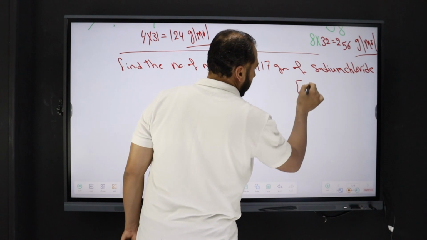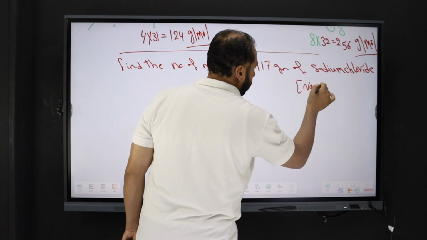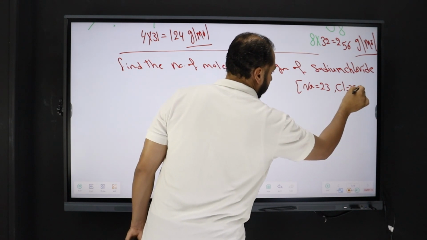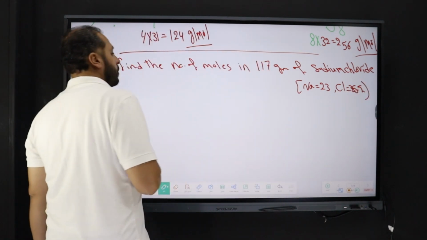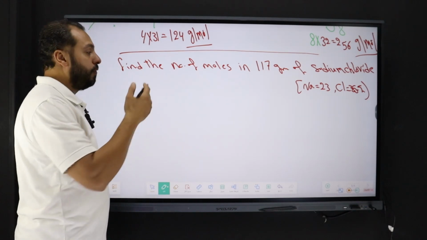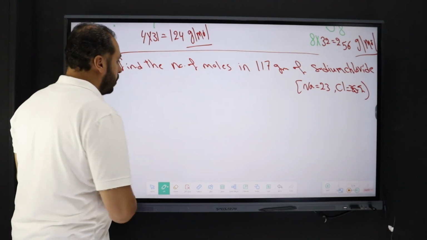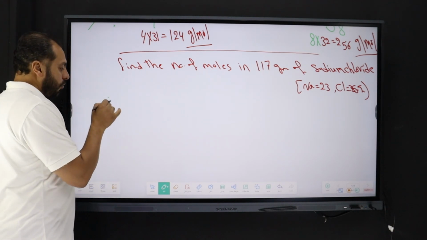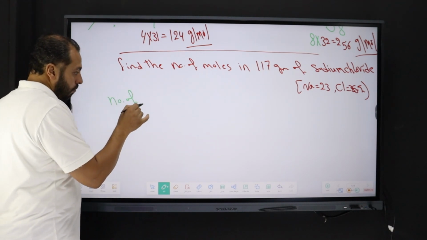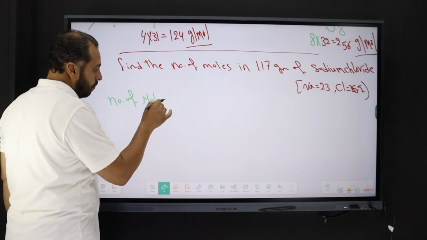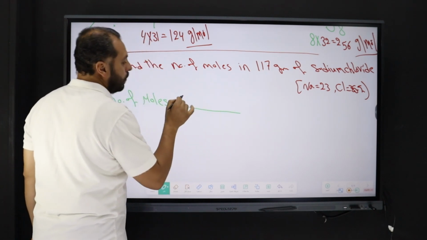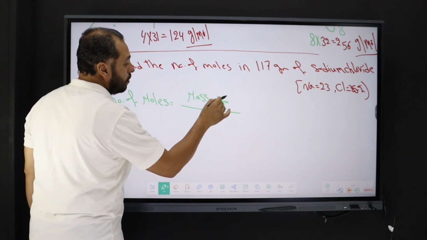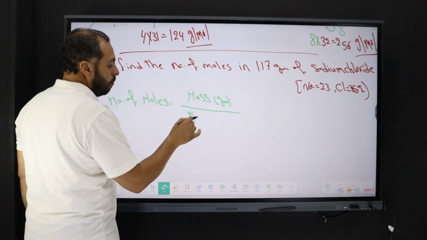And we have here Na equals 23 and Cl equals 35.5. How can we calculate this problem? The rule to calculate the number of moles of any substance: number of moles equals the mass of substance in grams divided by molar mass.